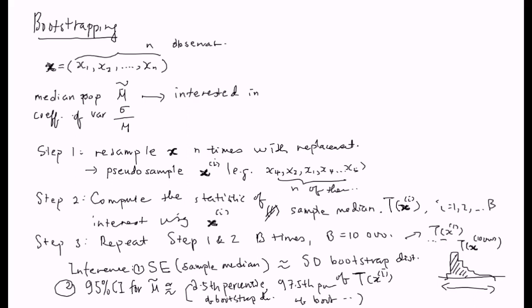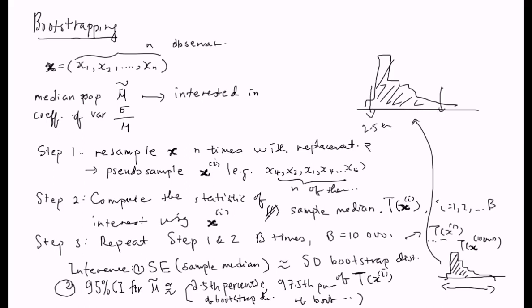Which basically means that over here, this is your bootstrap distribution, right? So basically you'll find the two values here. This is the 2.5 percentile. This is the 97.5 percentile. You'll find these two values such that the middle part here is about 95% of the total.